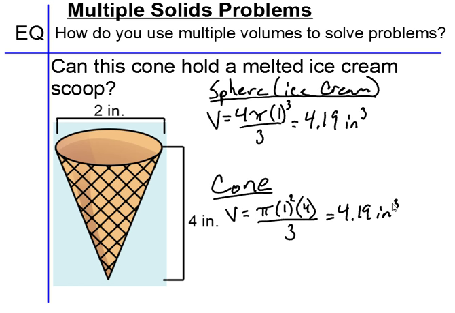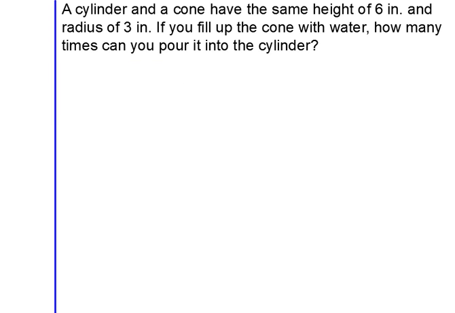And I come up with 4.19 inches cubed. We also can see that in the problem we actually have all the same pieces. So it is possible for a sphere of ice cream to be scooped on top of this cone and then to melt inside.